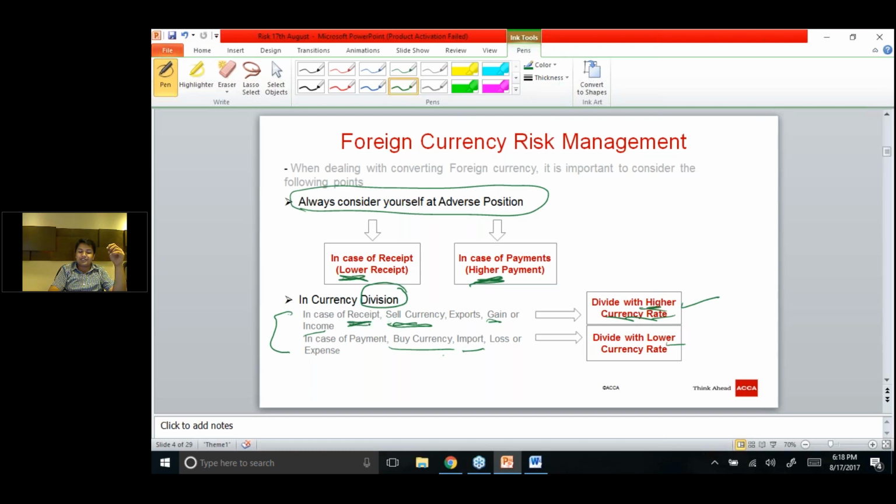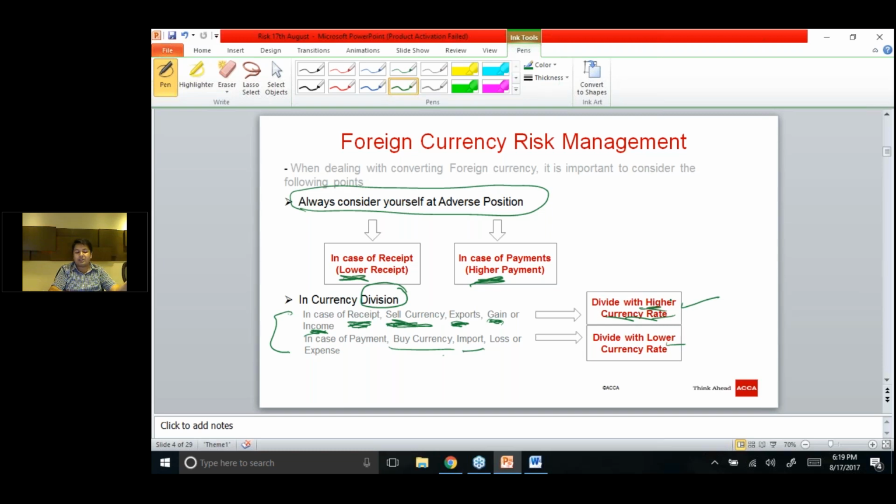In case of foreign currency receipt, in case of foreign currency exports, foreign currency gain, foreign currency income, in all of these examples, you have to sell the currency. And whenever you sell the currency, you have to divide with the higher rate. Because whenever you divide with the higher rate, answer will be lower.